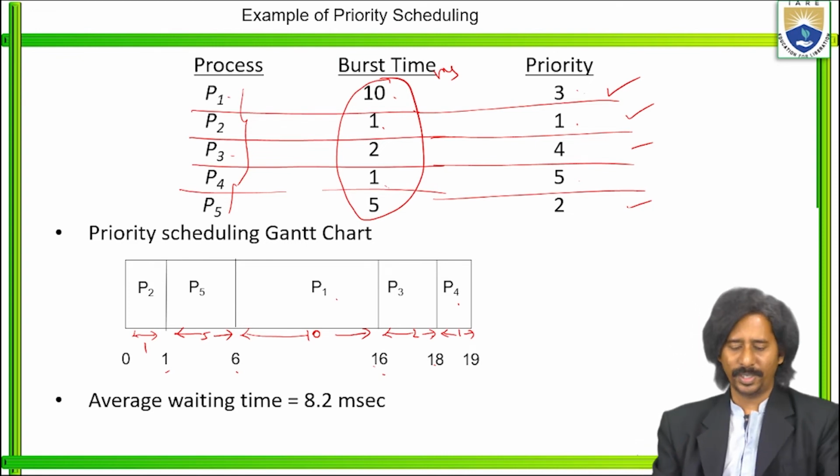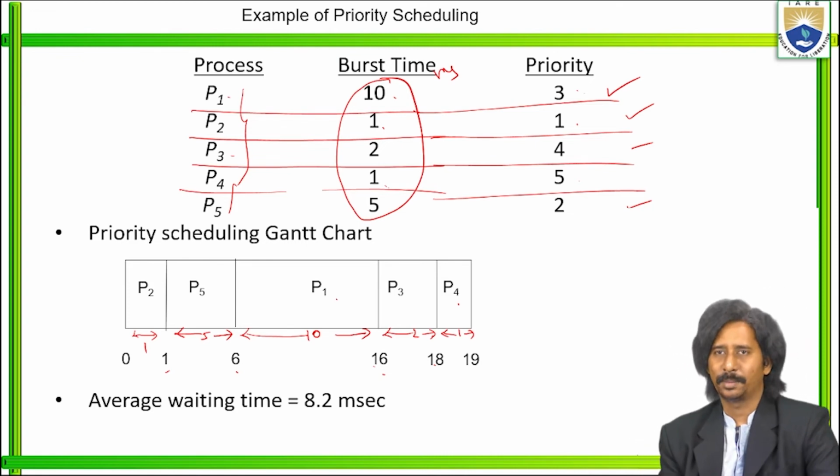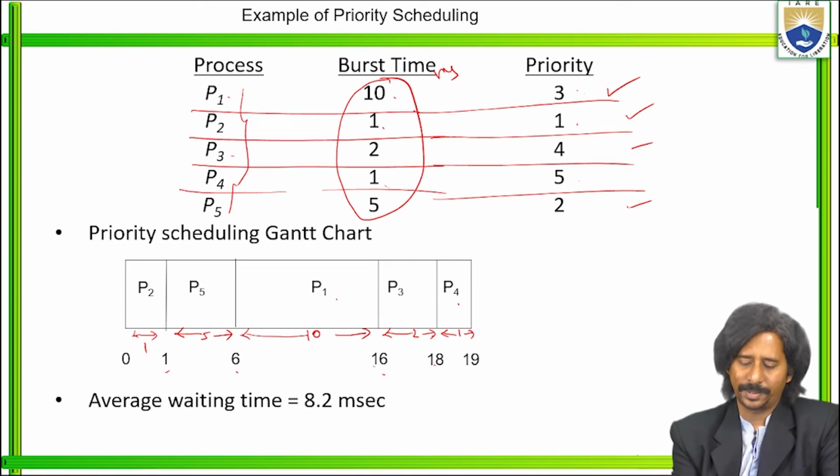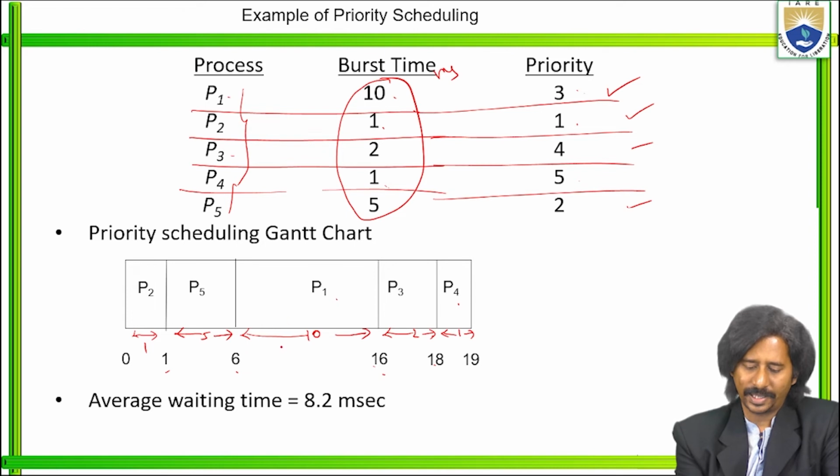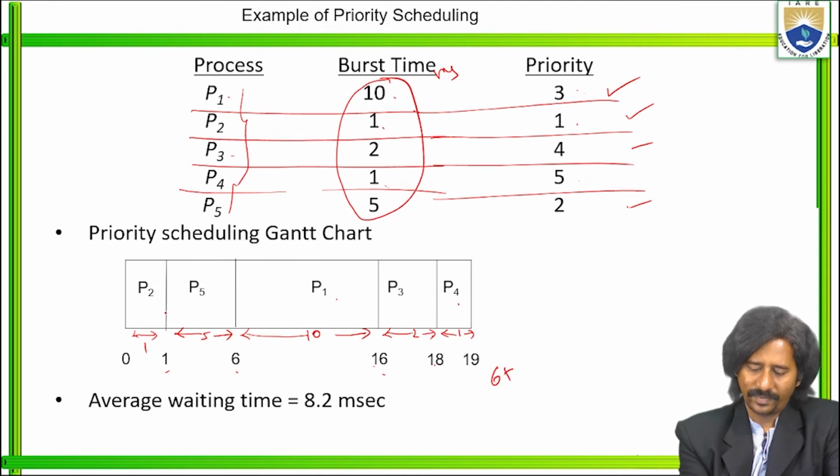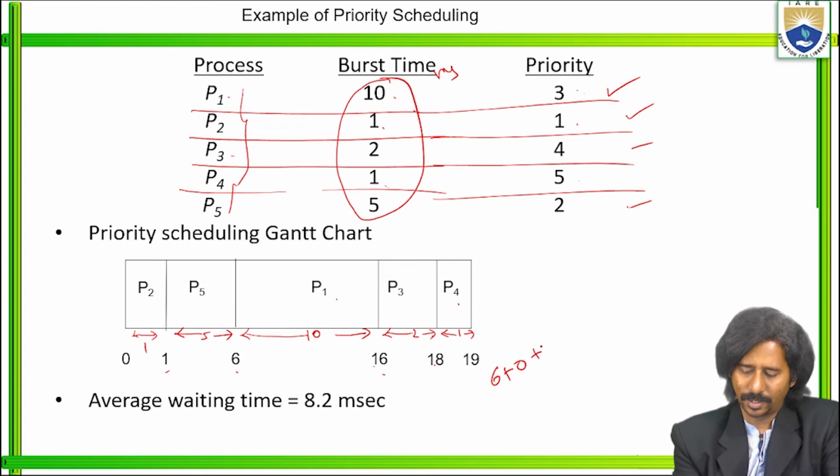Now we need to calculate the average waiting time. We know how to calculate it. First of all, from the Gantt chart, the waiting time of P1 is 6, the waiting time of P2 is 0, and the waiting time of P3 is 16.